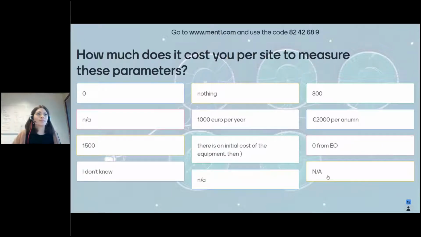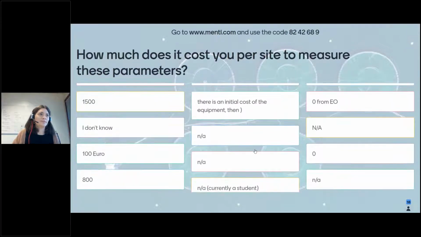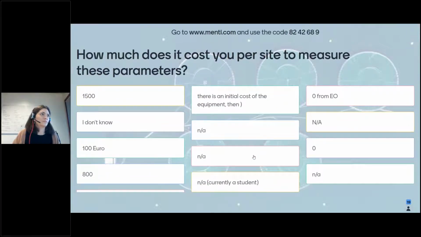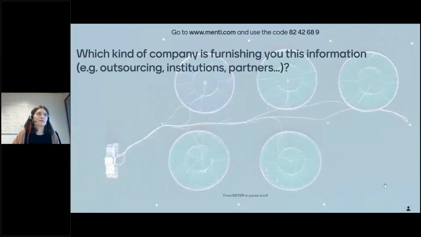Nice, I see that already some people are using Earth observation. Other in situ measurements. And which kind of company is furnishing you this information? For example, outsourcing, institution, or partners from other projects?